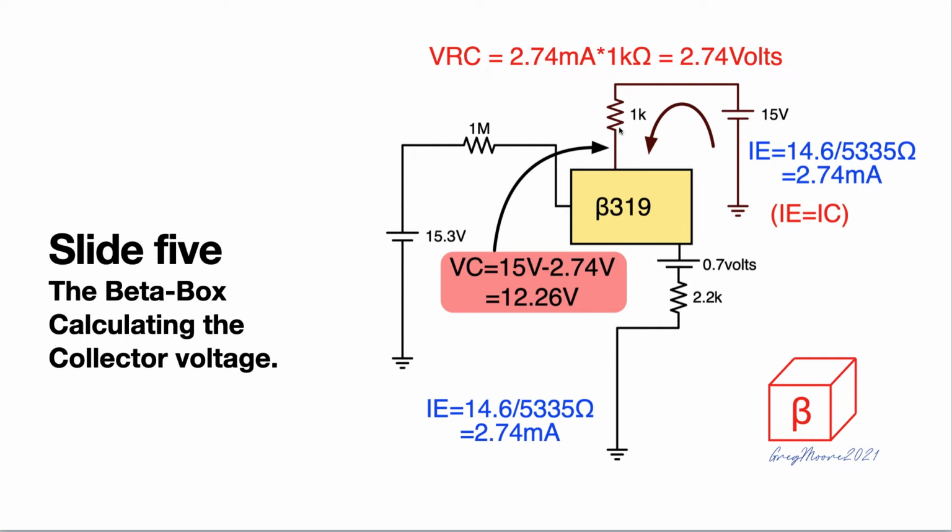And then I've got to minus that value from the 15 volts to get the 12.26 volts, which is the voltage on the collector. So you can see 2.74 volts is the voltage across that resistor based on that current flowing through it, being that IE is equal to IC for all intents and purposes.